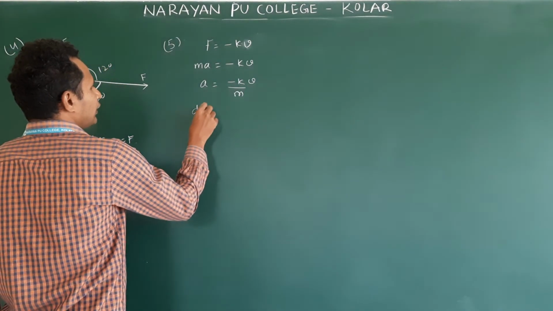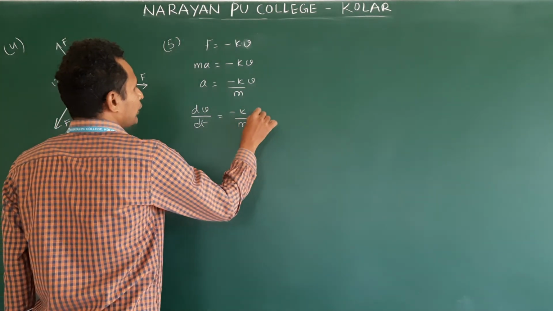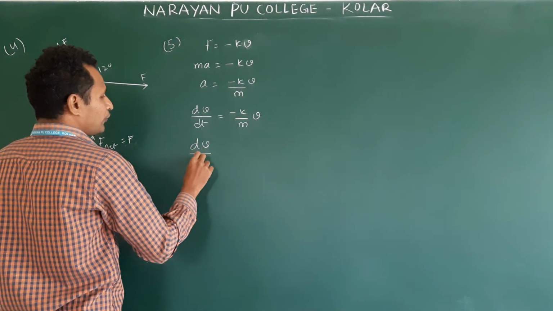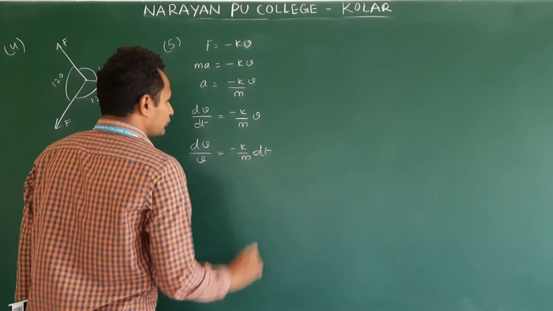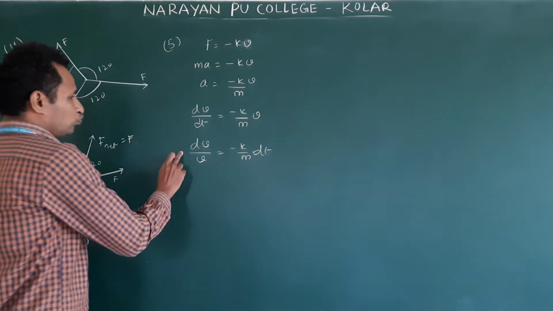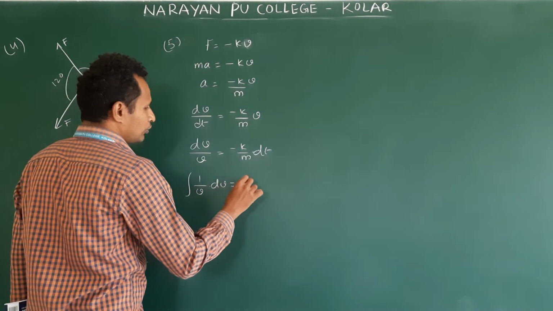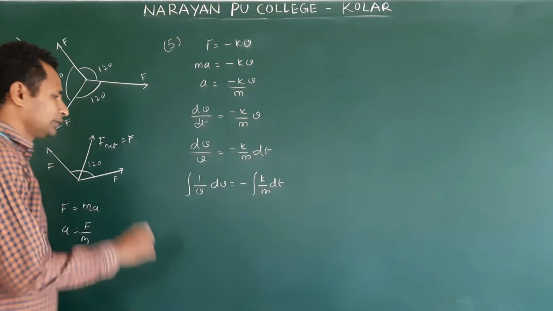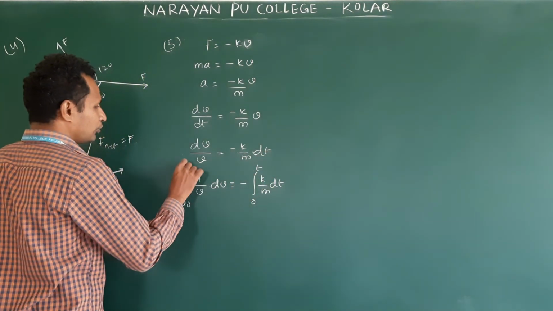We can write a as dv/dt = −(k/m)v. Take v terms to one side: dv/v = −(k/m) dt. Clear? Now integration: ∫(1/v) dv = −(k/m) ∫dt. The limits on t are 0 to t, and on v are v0 to v.